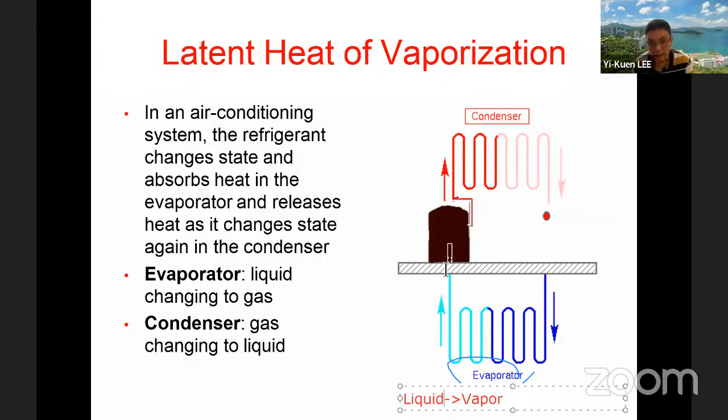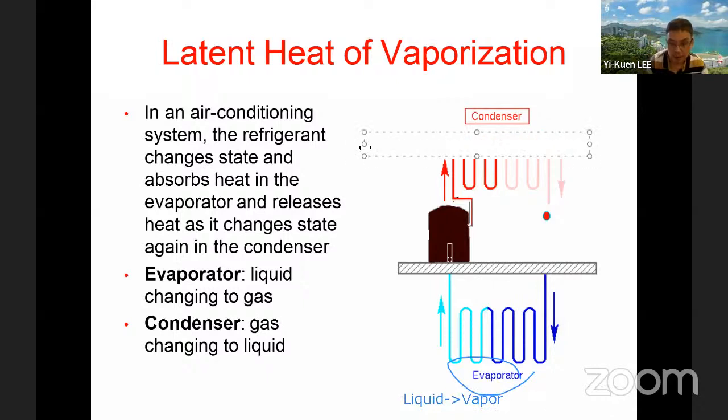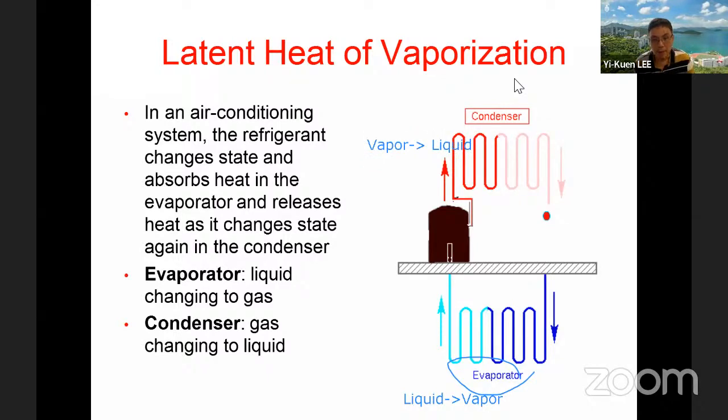And then of course there's another important thing, condenser. Why? It's another phase change. So what is this? This basically is from vapor to liquid, condenser. So these are two important components. Again, both belong to one particular heat transfer.